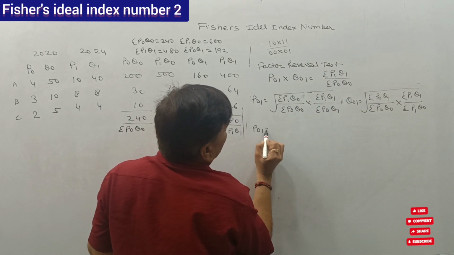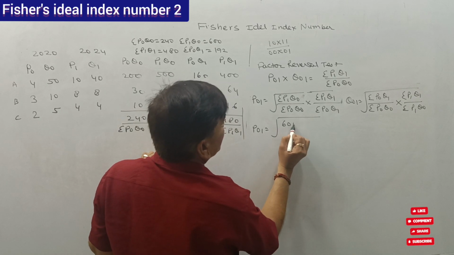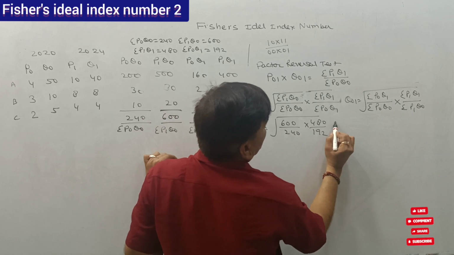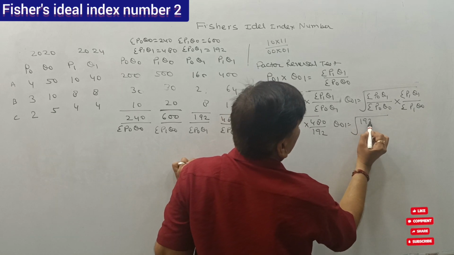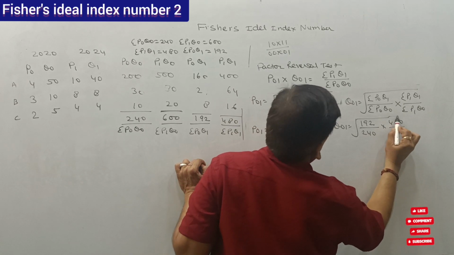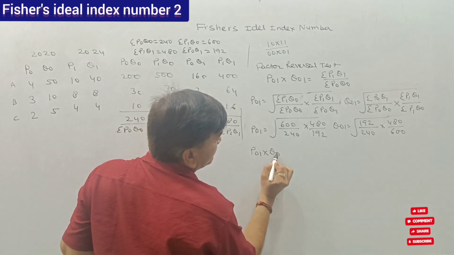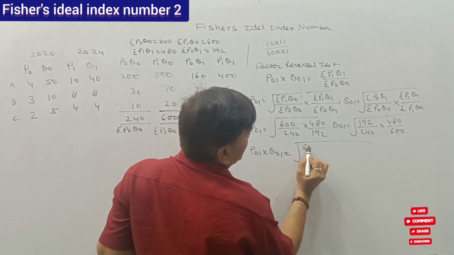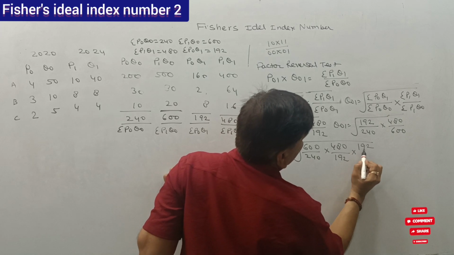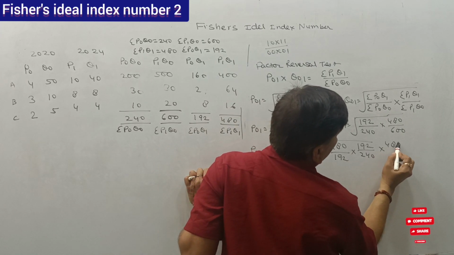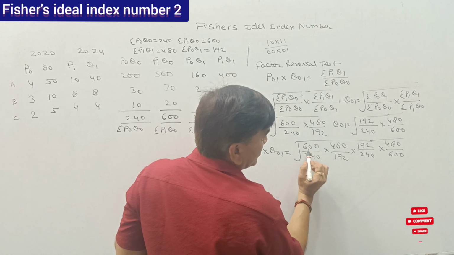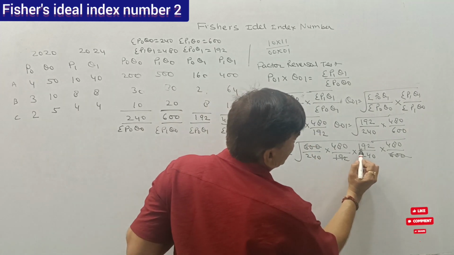So P01 is 600 divided by 240, multiplied by 480 divided by 192. Q01 is 192 divided by 240, multiplied by 480 divided by 600. Multiplying both, P01 times Q01, the 600, 192 and so on cancel up and down.